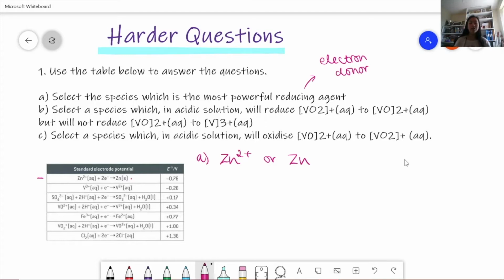However, zinc has to lose electrons to form Zn2+, and that means that the reducing agent in this half cell is the zinc, because we have the half equation Zn goes to Zn2+ plus 2 electrons. So these 2 electrons are getting donated to the thing that it's reducing, so the other half cell. And so our most powerful reducing agent is zinc.